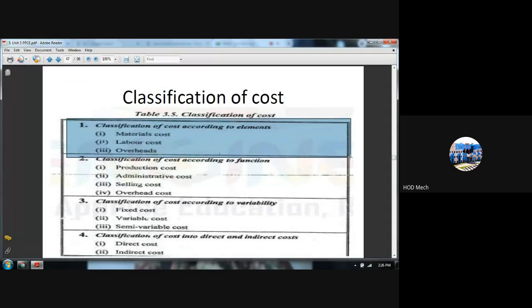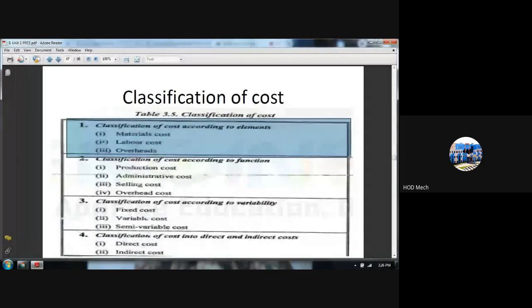Here, machines are not taken into account separately. The machine is directly brought into material cost, because without a machine you cannot do the work.